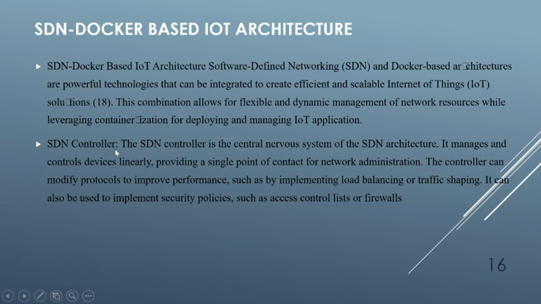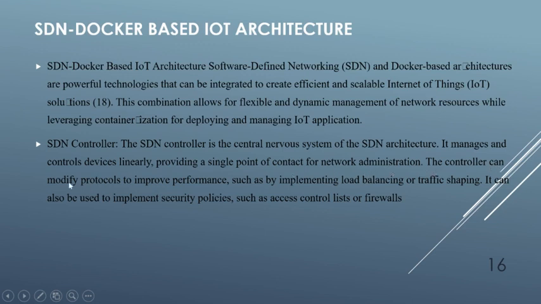SDN control. The SDN control is the central nervous system of the SDN architecture. It provides connections to the overall network like a nervous system. It manages and controls devices centrally, providing a single point of contact for network administration.